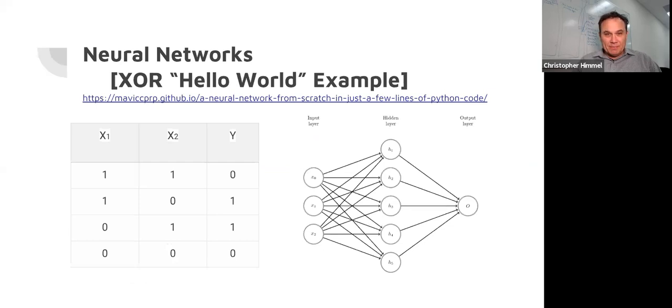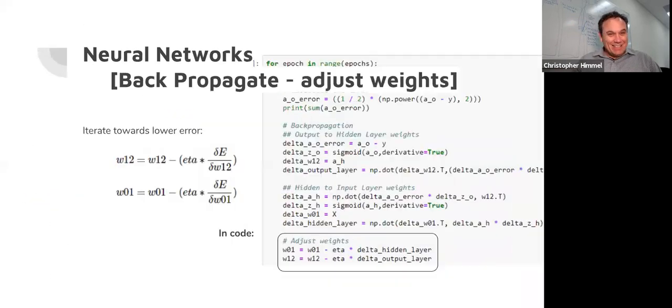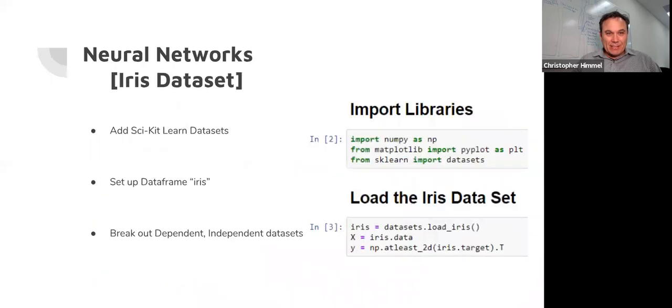Smallest data set you'll probably ever use. So the XOR data set is what we did last time. Let's do exactly what we did last time, but on a bigger data set, the Iris data set.